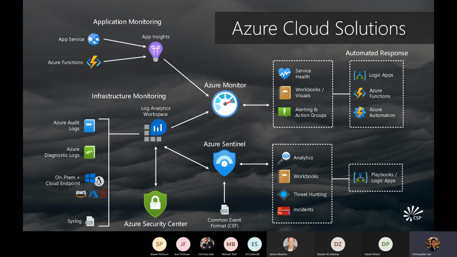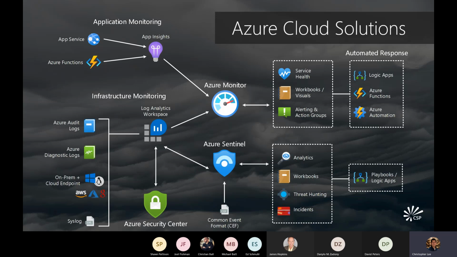But the main thing to note about Azure Monitor is that it is just a monitor of the events. It's not using any machine learning or advanced capabilities to analyze the data on its own. It's just kind of triggering alerts and automation that you define based on what you want it to see.